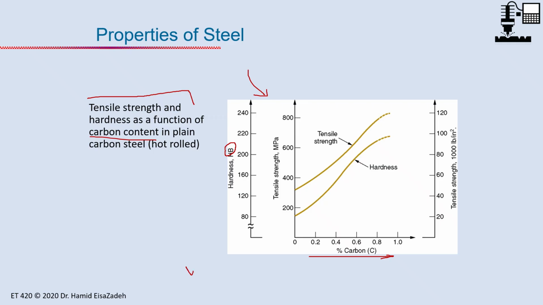We can have Vickers or other types, and this is the tensile strength. As the amount of carbon increases, the hardness goes up and tensile strength goes up, in the same order.